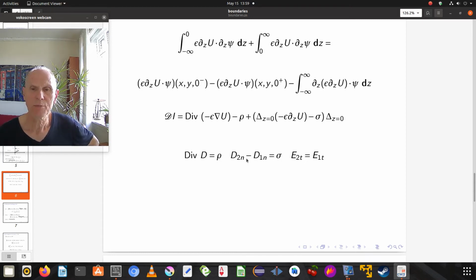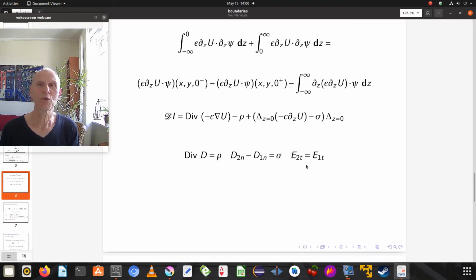And next, a boundary condition about the displacement. The discrepancy in the normal component is equal to the surface charge. And in the book, it mentions this one, which we didn't get.